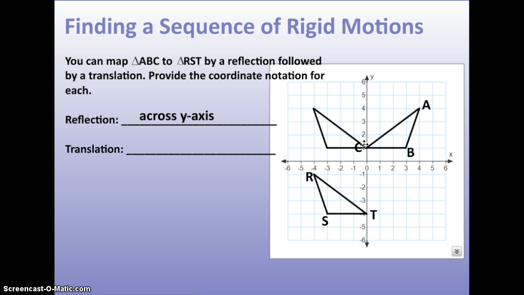Once we've taken ABC and flipped it over the y-axis, we have a new shape. Now I can take this shape and drag it down 1, 2, 3, 4, 5. And this would overlap onto RST. So my next step is a translation, which means down 5. Okay?